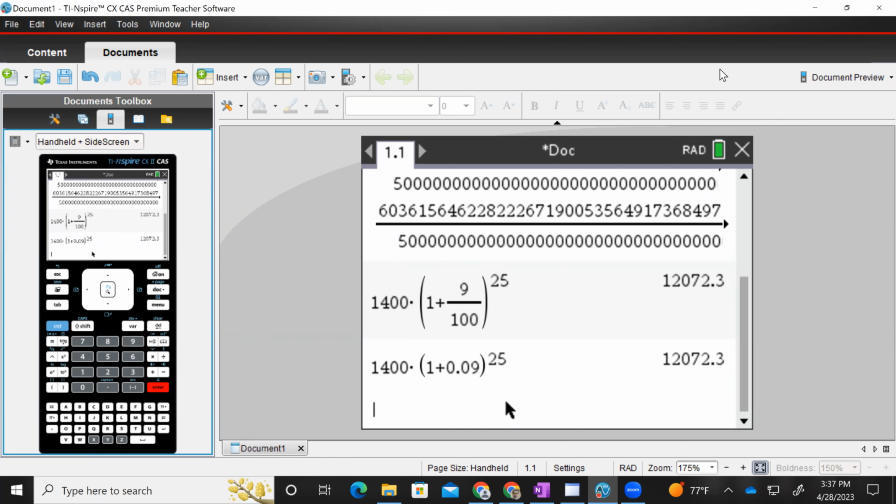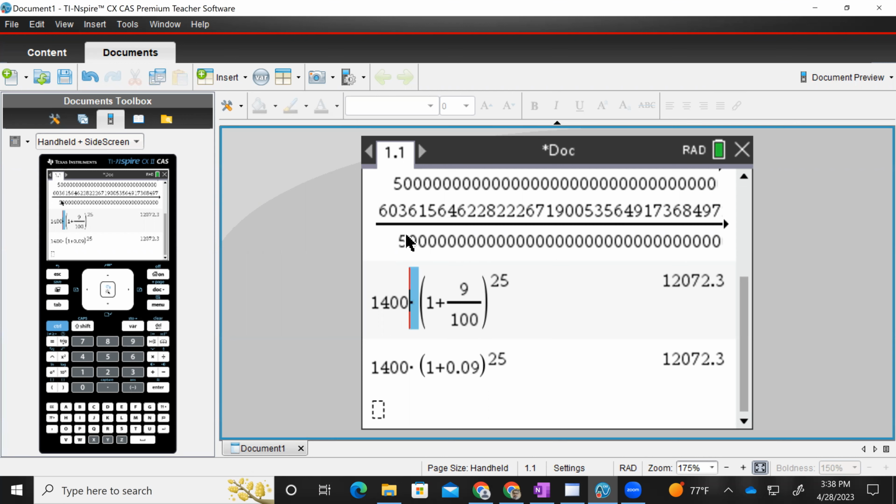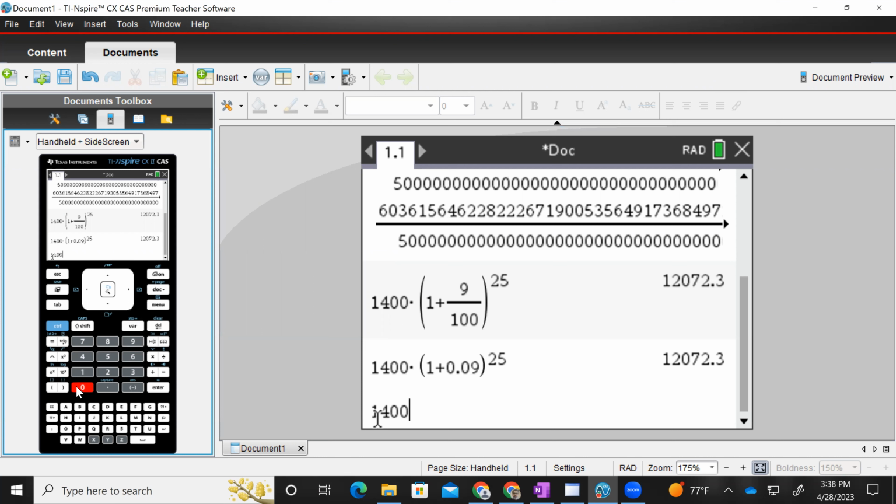In your calculator, we will start by typing in the initial value, 1,400, times, let's use the parentheses, and inside the parentheses, 1 plus 9 over 100, or the 0.09, they are the same thing.